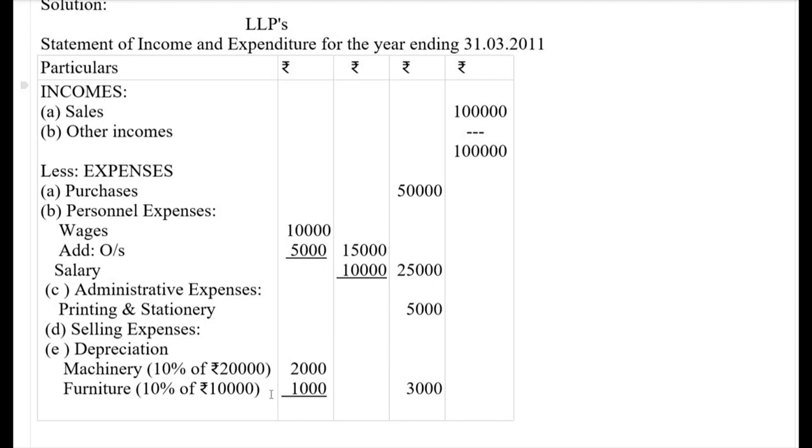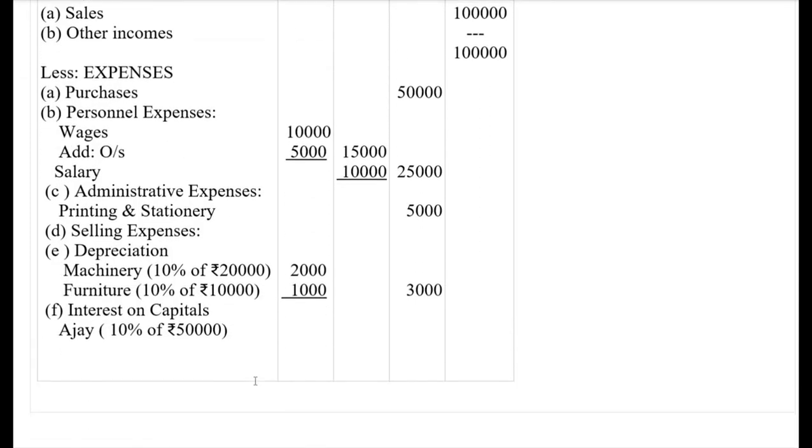Then the next one comes here, F, interest. So interest on capitals here. Now Ajay, the rate of interest here is 10%, 10% of rupees 50,000. Then Vijay, 10% of rupees 40,000.